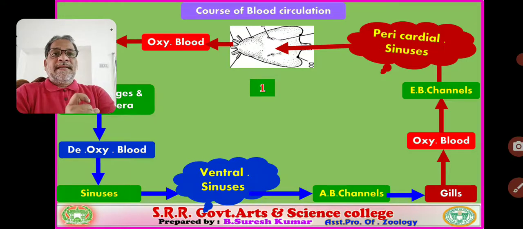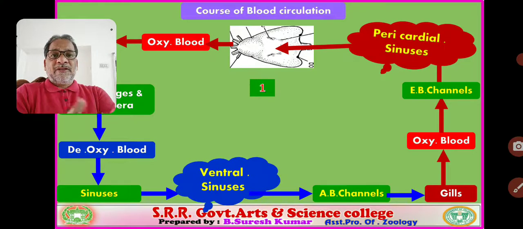So oxygenated blood from the heart through the arteries is supplied to all the body parts, then deoxygenated blood is collected into sinuses, and then from the sinuses the deoxygenated blood enters into ventral sinuses. From the ventral sinuses it is collected into afferent branchial channels, and they transport such deoxygenated blood to gills.